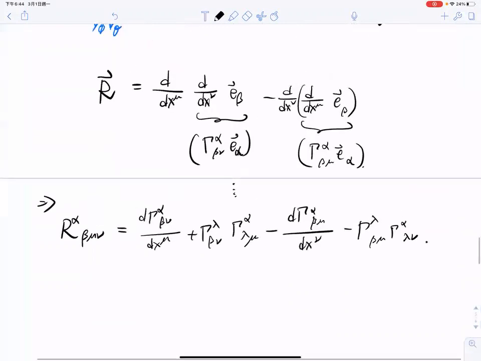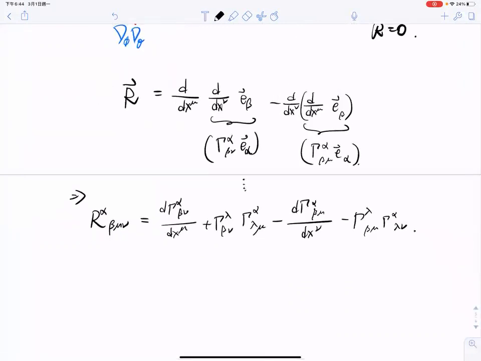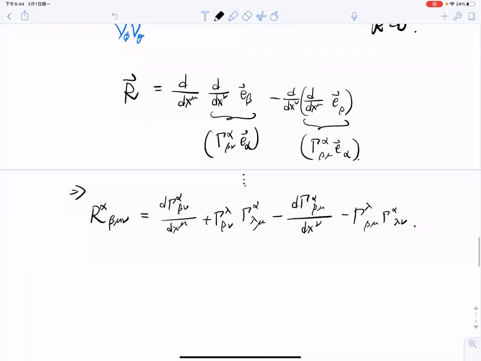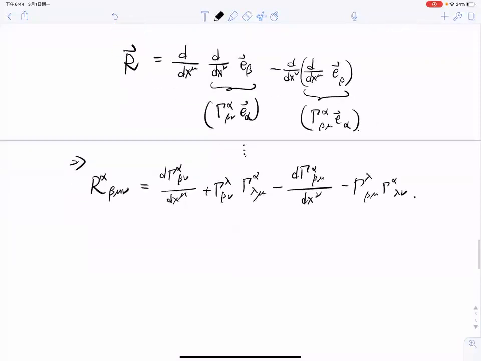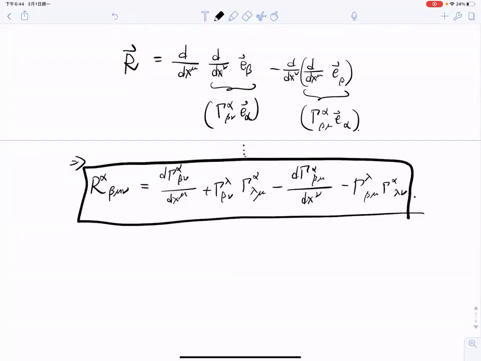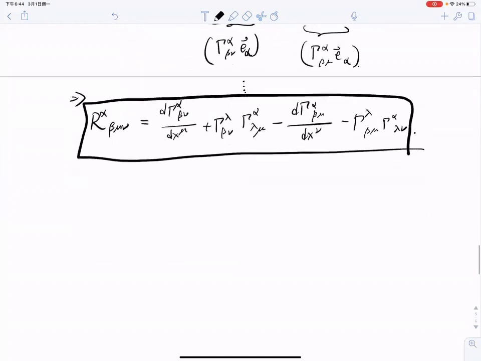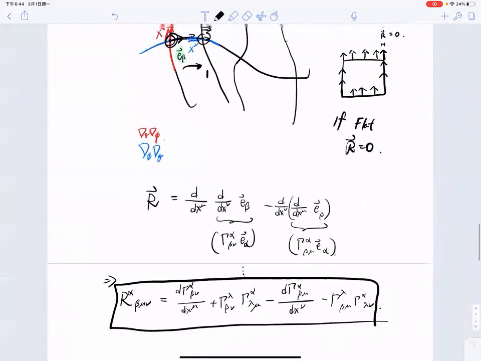And then basically you have learned that the coordinate transformation of the basis vector is just the Christoffel symbol times the basis vector. And after some steps, you can figure out the full expression of the Riemann tensor, which is exactly what you have seen in the textbook.